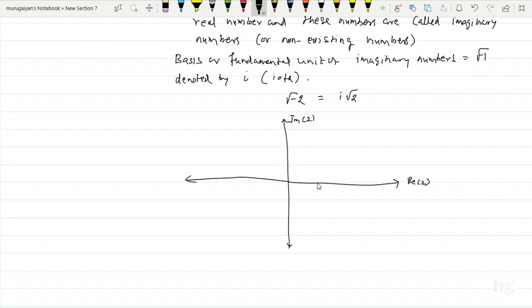If we take any point on the vertical line, it will be purely imaginary. The point on the horizontal line is purely real.